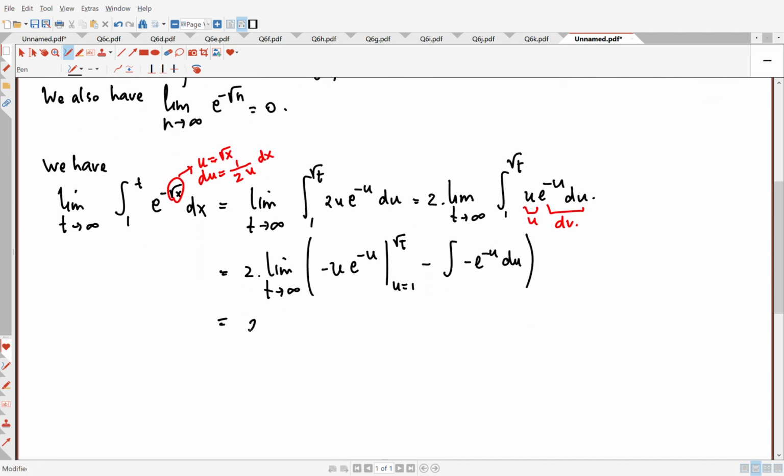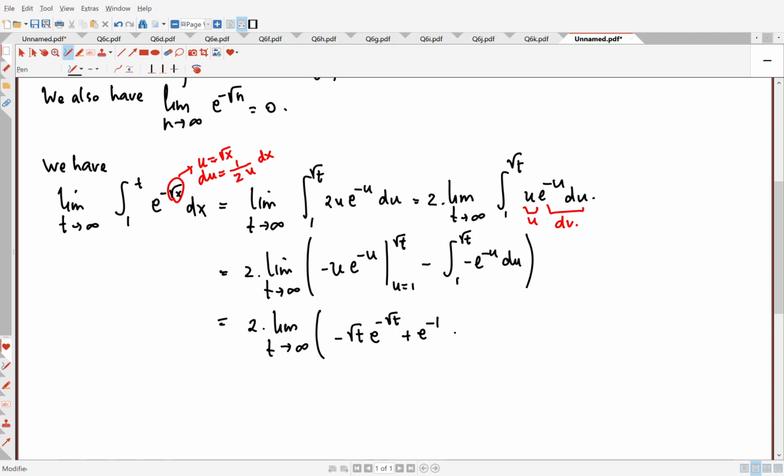And this is equal to 2 times limit t tends to infinity of, okay, minus square root t e to the power of minus square root t, then minus, when u is equal to 1, right? So minus minus 1, e to the power of minus 1.